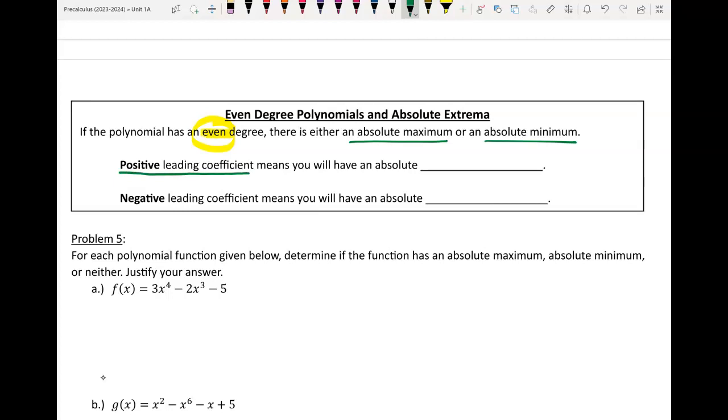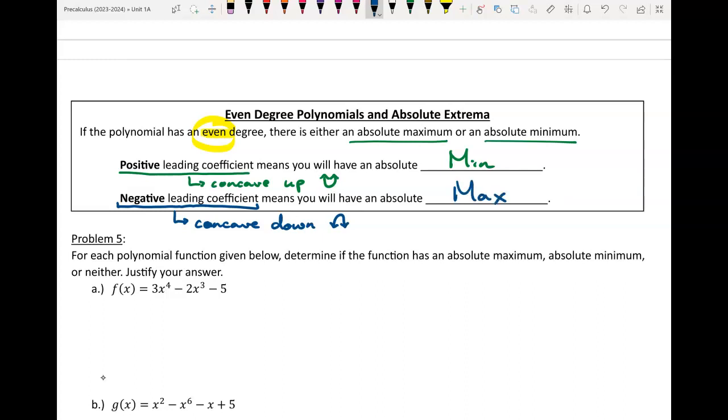Well, remember, positive means that we will be concave up. So concave up, opening up. Well, if that's the case, we have an absolute minimum. And if we have a negative leading coefficient, as we just discussed, that would be concave down, and that would give us an absolute maximum.